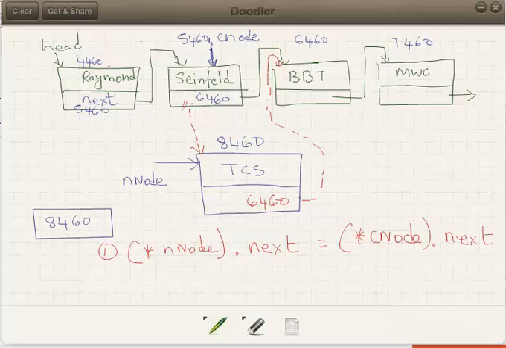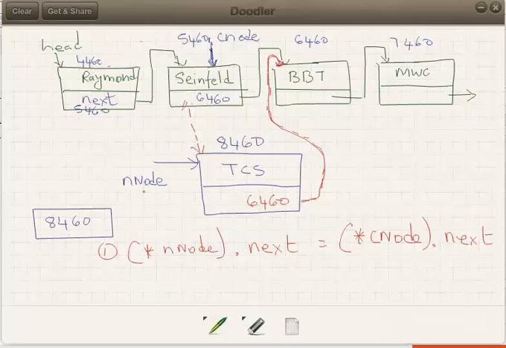So what does it mean when we are done here? I have established this link. Now who has this 8460? Because that's where you should go here, right? Because I want to establish this link. That means wherever the 8460 is, it should go here.